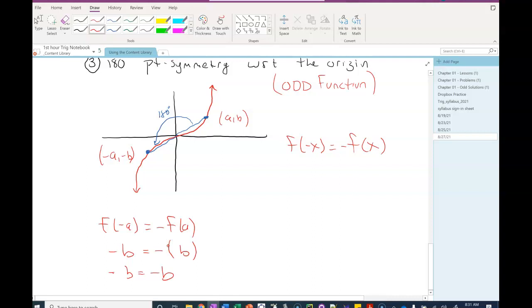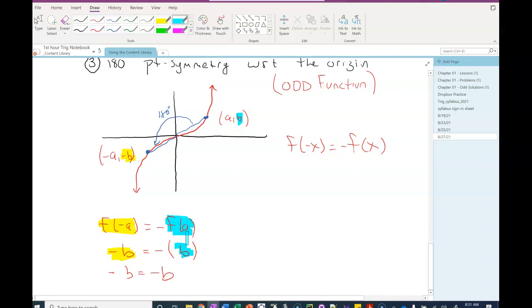Is that okay? So f of negative A is negative B. F of A, ignoring the negative sign, is B. So that's what it's saying.